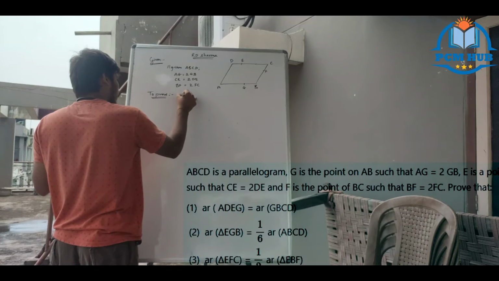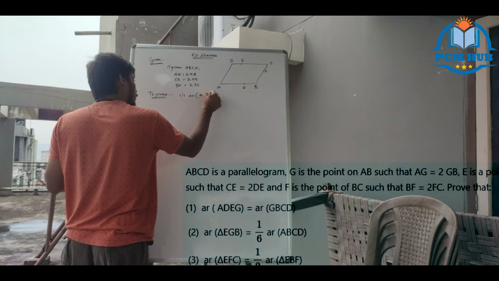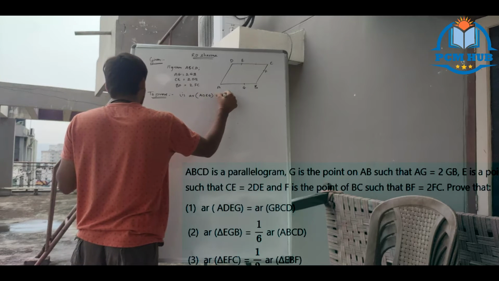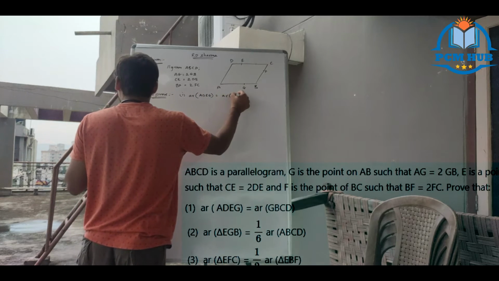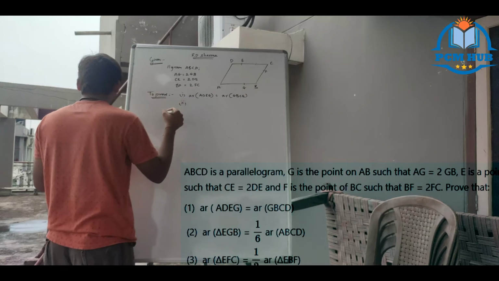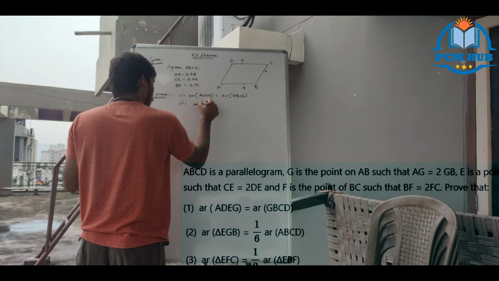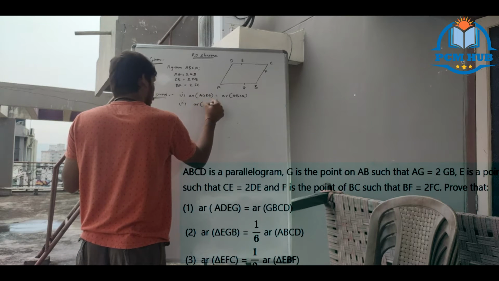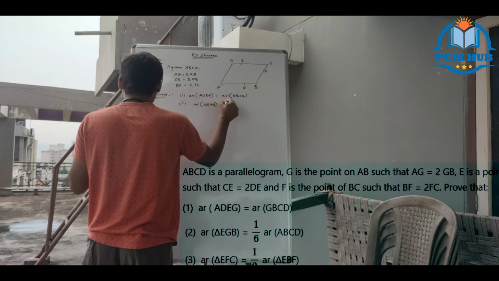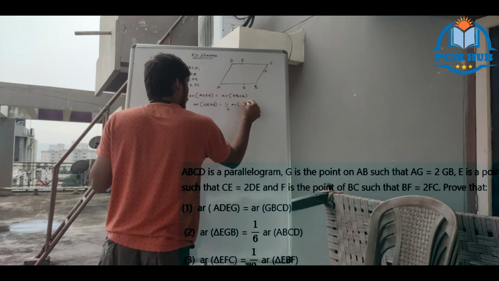what is to prove? First bit, area of ADEG equal to area of GBCE. Second bit, area of triangle EGB equal to 1/6 of area of ABCD.